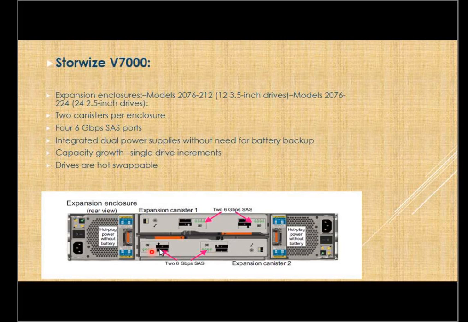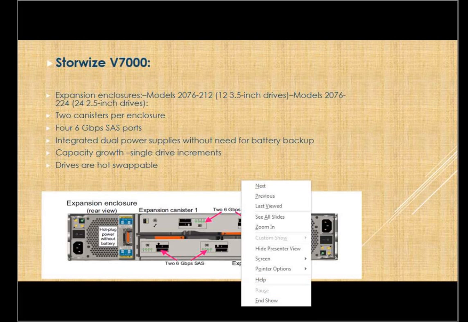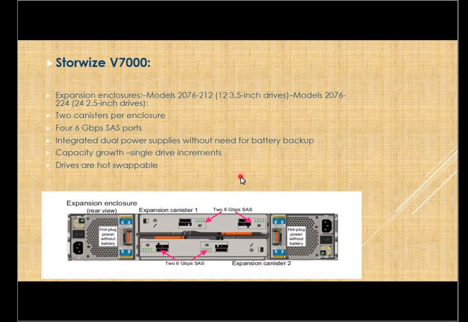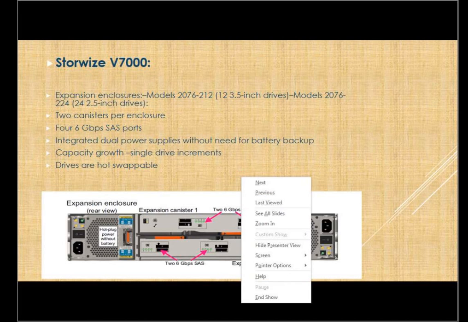One port connects to the node, another port will go and connect to the next expansion enclosure, and accordingly we will provide further connectivity. In further slides, we will be able to understand how it is connected. The speed of the port is 6 Gbps, and we have dual power supply, and drives are hot swappable, and you can keep on growing the size of it by adding additional drives to it. Okay. So let's go to the next slide.